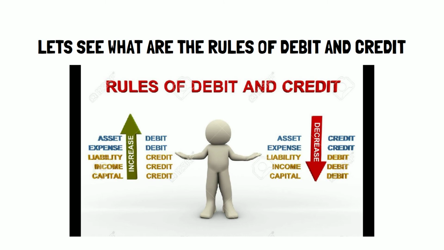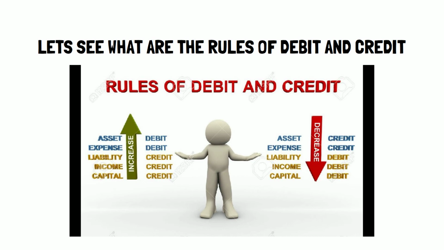If you try to learn that, you will feel it a bit complex, and at the end you will mix it up. If you want to remember it, just remember that if asset and expenses increase, then it will be debit, and if asset and expenses decrease, it will be credit. For the rest, like revenue, liability, and owner's equity, it is vice versa.